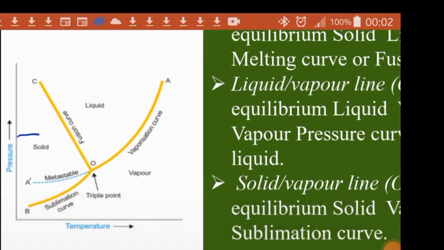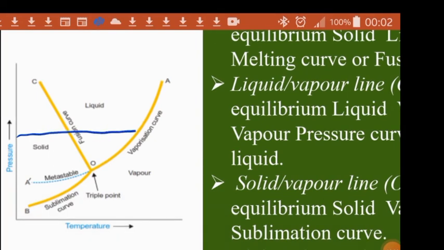Whatever you talk about in terms of a phase diagram, whatever point you are talking about, you are bound to apply the phase rule and say how many variables are required in order to represent this particular region or curve or point. So here we are talking about the curve.